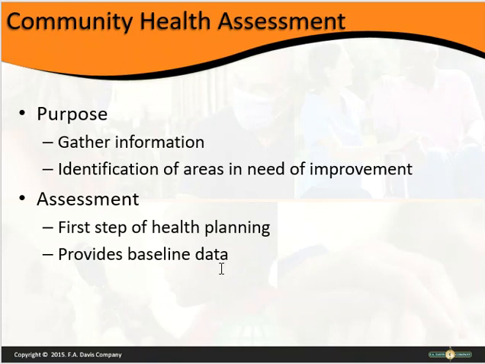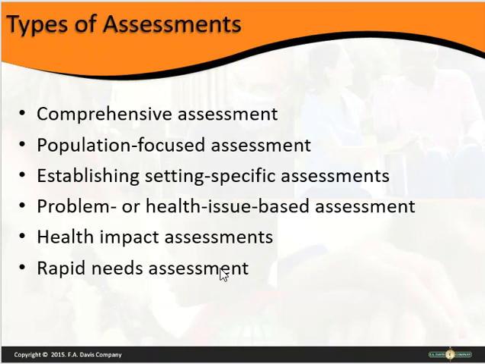So the purpose of community assessment, of course, is to gather information and identify areas in need of improvement, and assessment is the first step in health planning. It provides the whole baseline from where you're going to go.